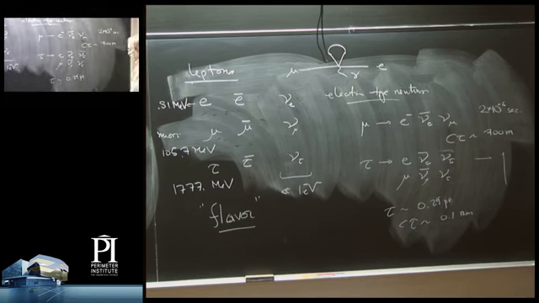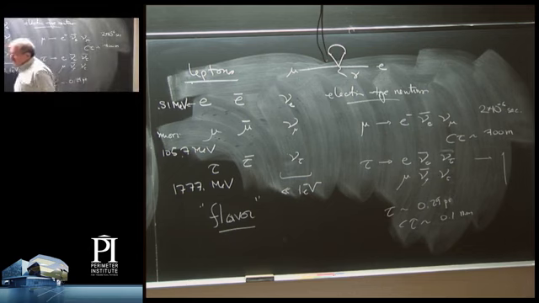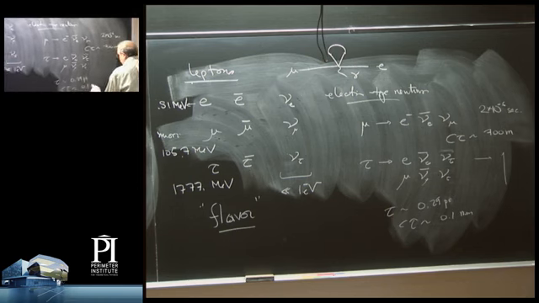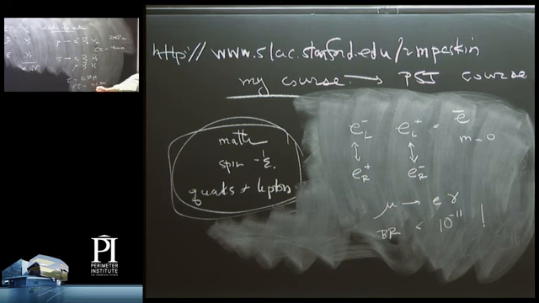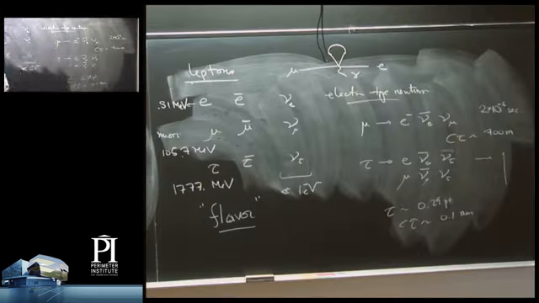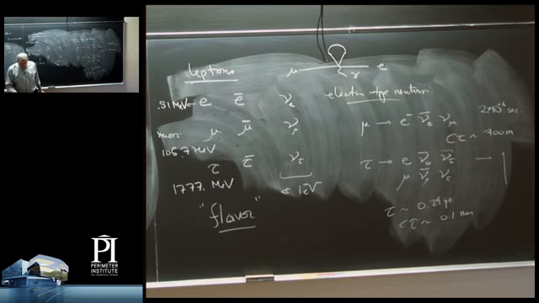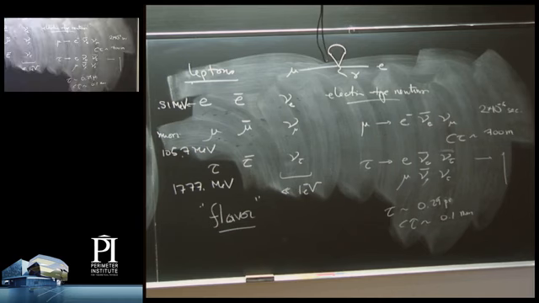A picosecond sounds like a very small unit, but it turns out that c tau is about 1/10 of a millimeter. So a relativistic tau is almost macroscopic. And if you're very careful, you can catch these guys in flight and actually see that they go a finite distance before they decay. We'll talk a little about that tomorrow. The tau has other rather interesting decays, and when we get a little more equipment in this course, we'll be able to work those out.